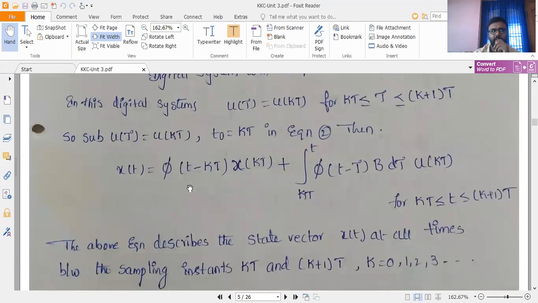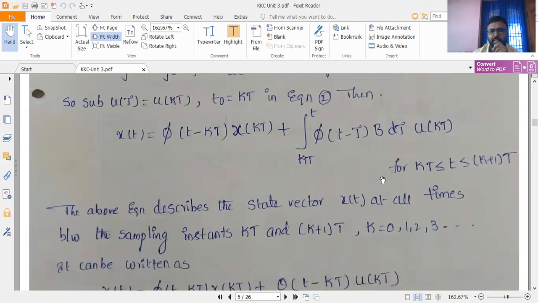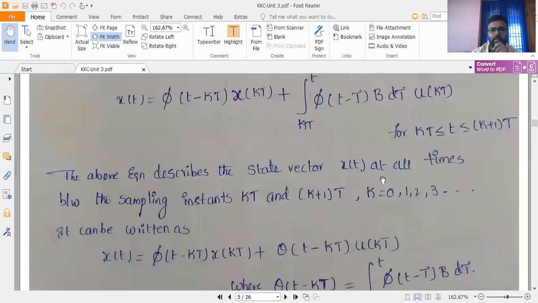Therefore, x of t is converted to phi of (t minus kT) into x of kT plus the integral from kT to t of phi of (t minus tau) into B into d tau into u of kT. This equation is rewritten with the integral from kT to t of phi of (t minus tau) into B into d tau as theta of (t minus kT).